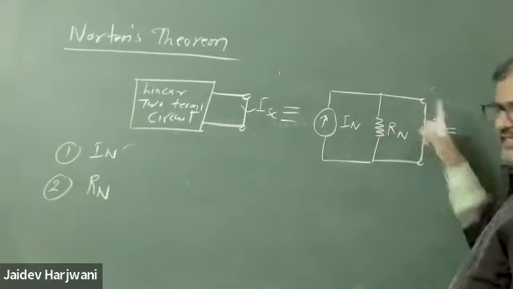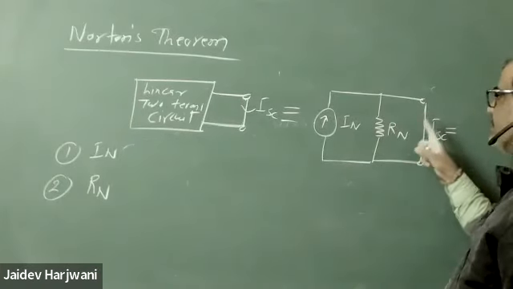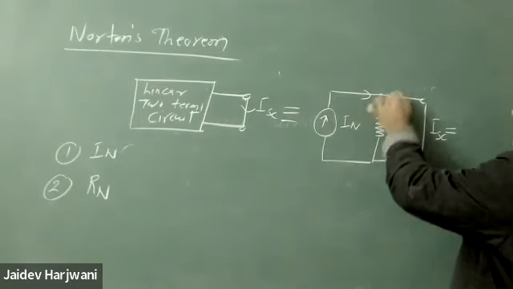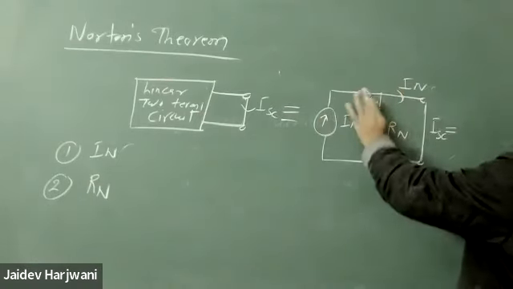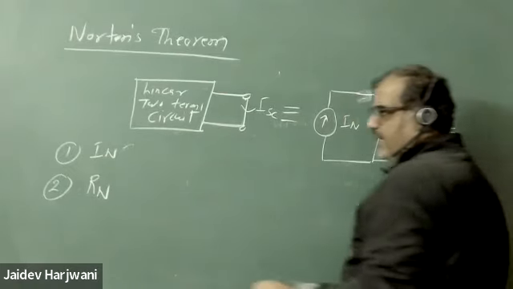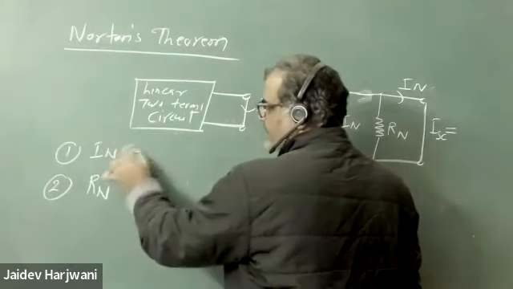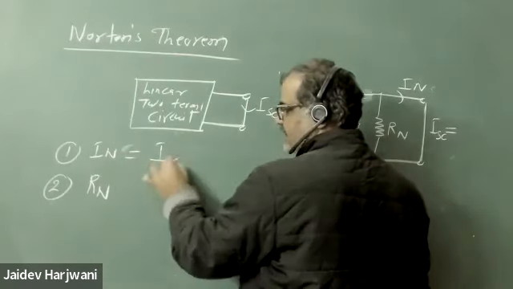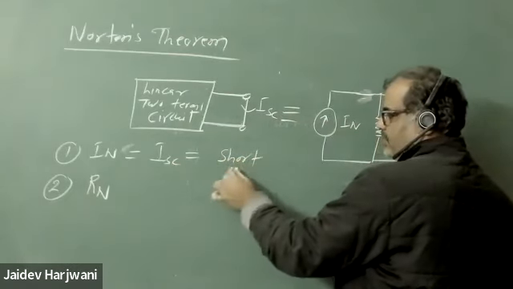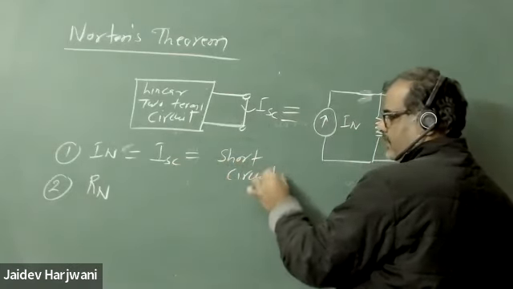Short circuit means zero resistance. Zero resistance means all the current which is coming here, IN, will go here, because this is a short circuit. That means if I want to measure IN, what should I measure? I should measure ISC. ISC is the short circuited current.